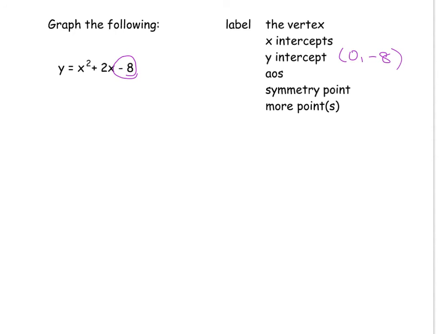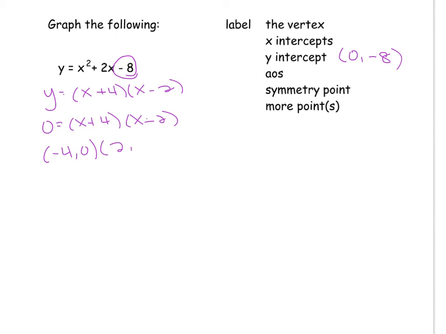So now, factors of -8 whose sum is 2: x plus 4, x minus 2, does that work? Yes, it does. So if I set that equal to 0, my x-intercepts are at (-4, 0) and (2, 0).